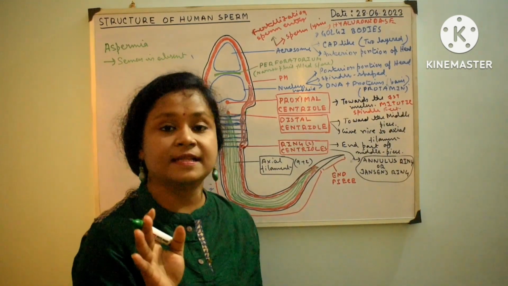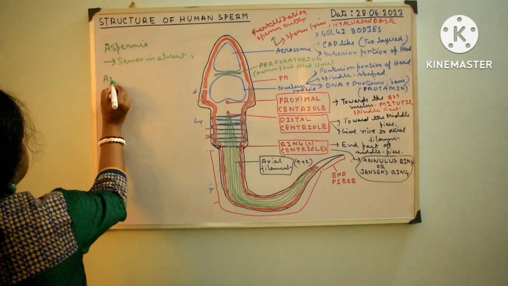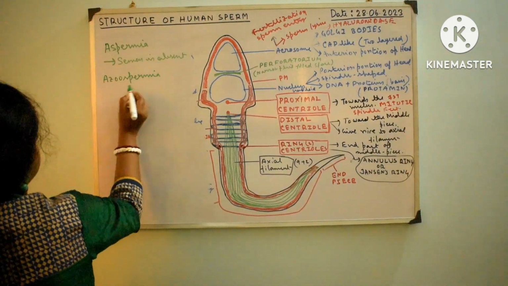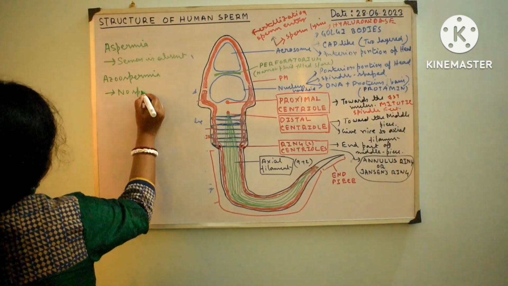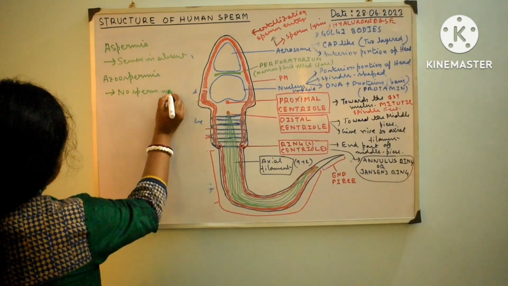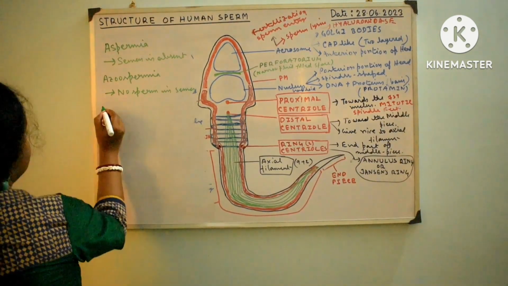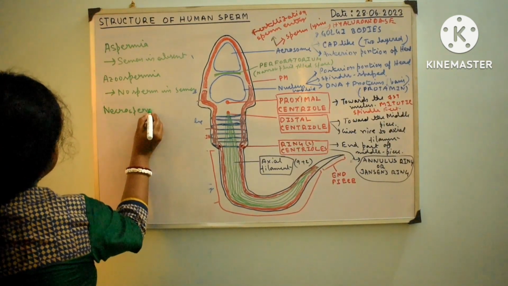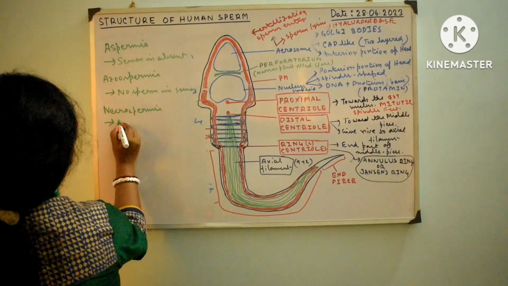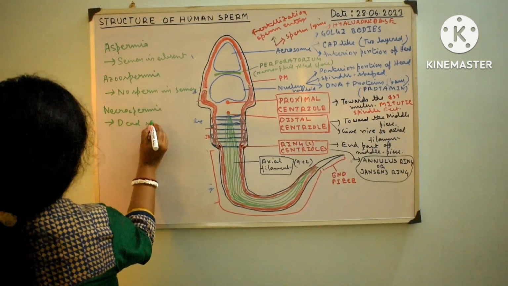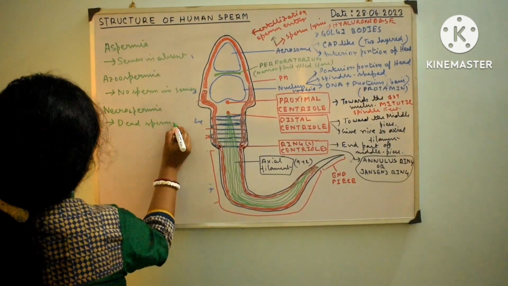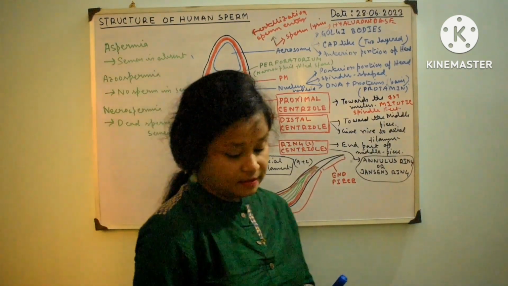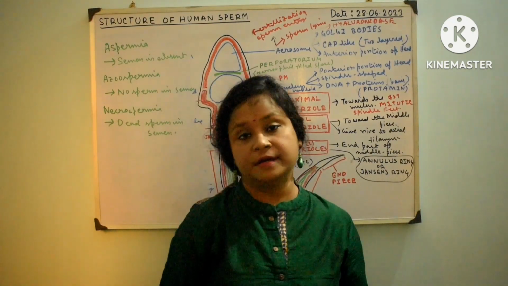And the next clinical condition, azoospermia: no sperm in semen. And what about necrospermia? Dead sperm in semen. These are all pathological conditions.